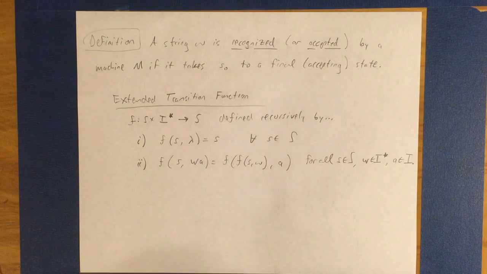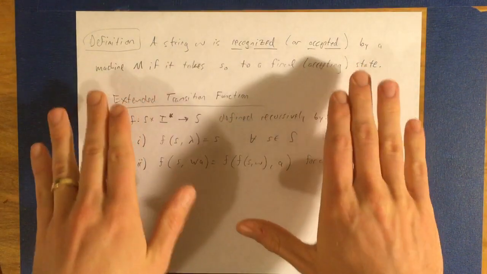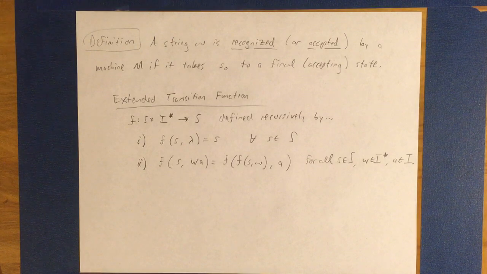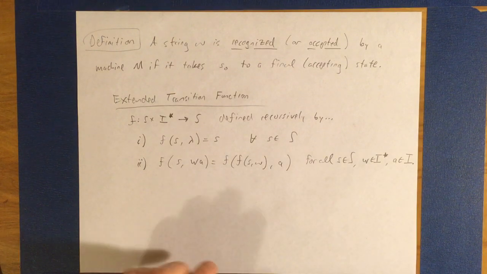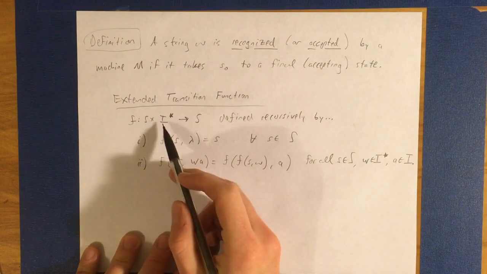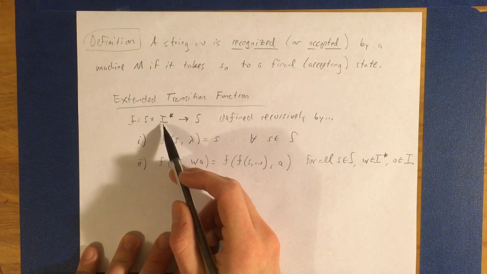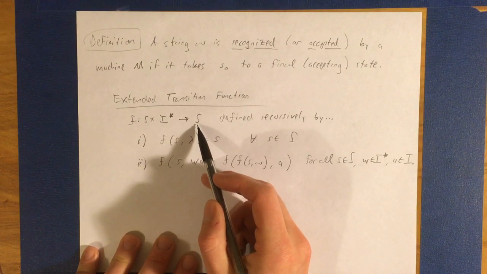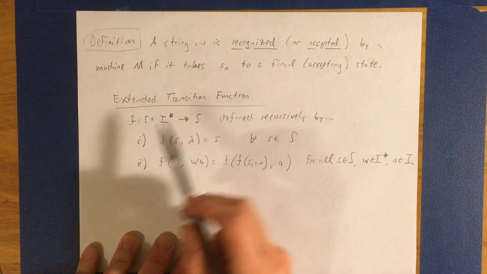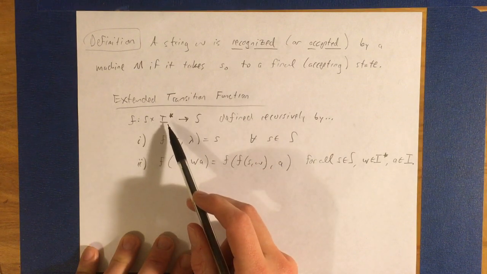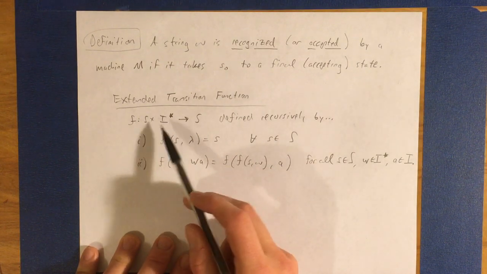So in order to rigorously describe that, we have to take this transition function, which normally takes an input state and input character, and then gives us an output state. We have to extend that to give us, instead of an input character, an entire string.